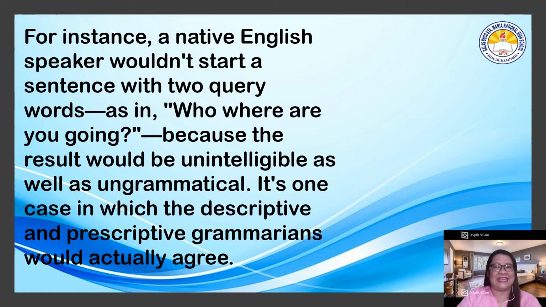For instance, a native English speaker wouldn't start a sentence with two query words, as in, "Who, where are you going?" Because the result would be unintelligible as well as ungrammatical. It's one case in which the descriptive and prescriptive grammarians would actually agree.